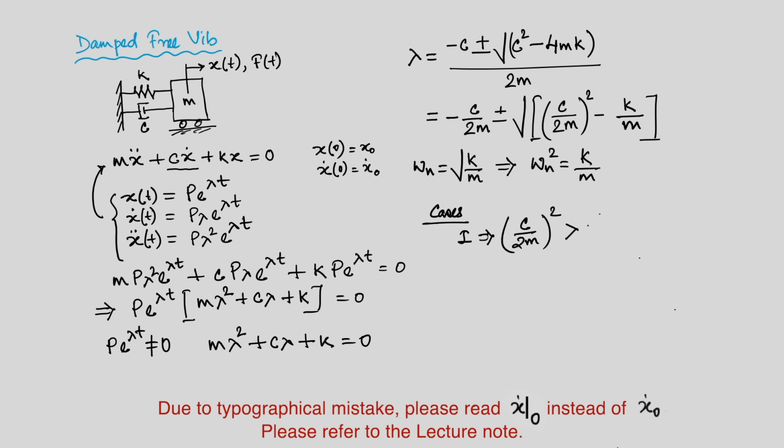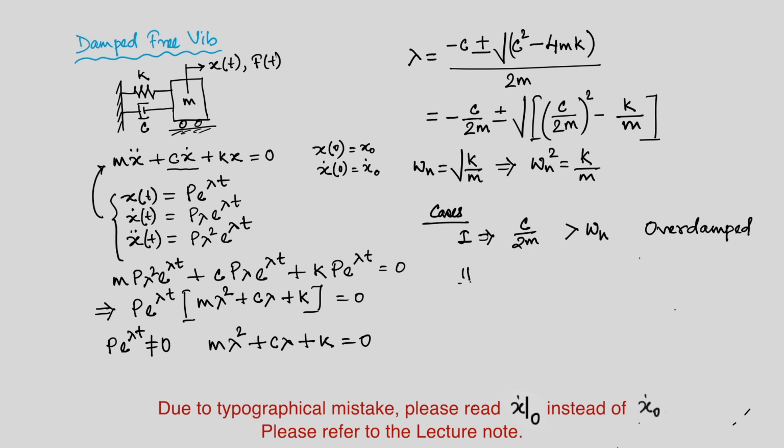So this will be omega n square, which means c by twice m is greater than omega n. So that is the first condition. Now, if we have this condition, this is called an over damped system.